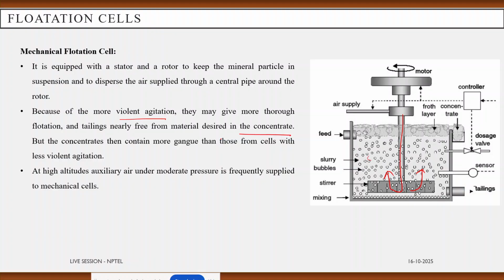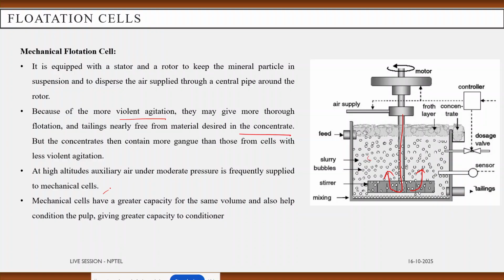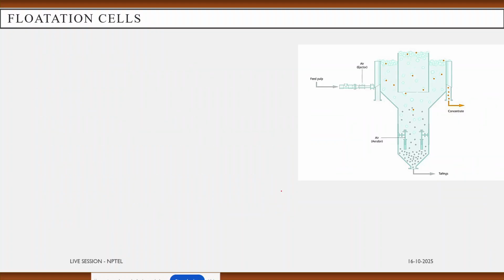So high altitudes auxiliary air under moderate pressure is frequently supplied to the mechanical cells. These mechanical cells have a greater capacity for the same volume and also help condition the pulp, having greater capacity to the conditioner.